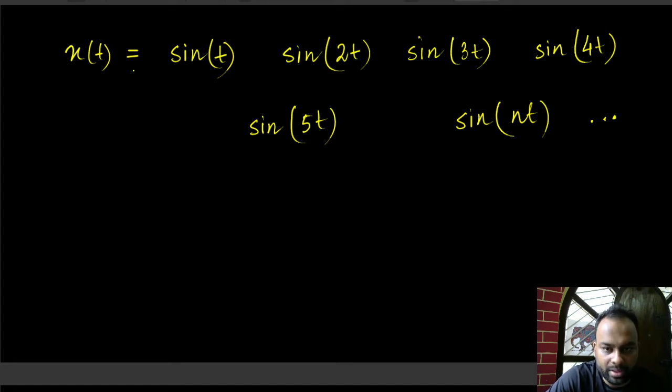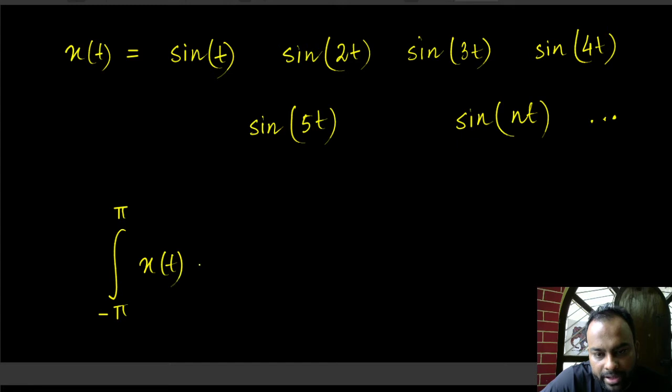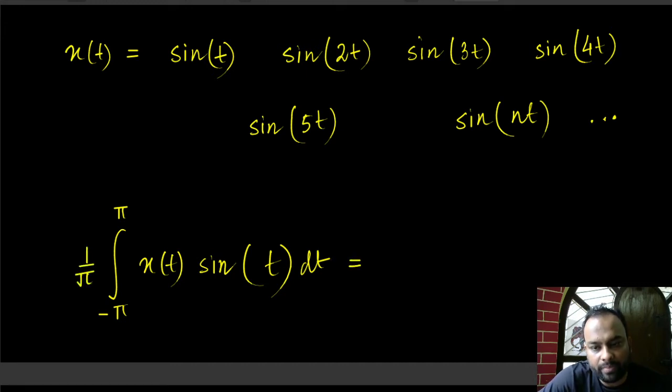I simply calculate that by doing this integration from minus pi to pi. If I take this signal, multiply it with sin t, do the integration and divide everything by pi, and I get something like, say, b1, I can happily say that b1 is the amplitude of the 1 radian per second sinusoidal component.